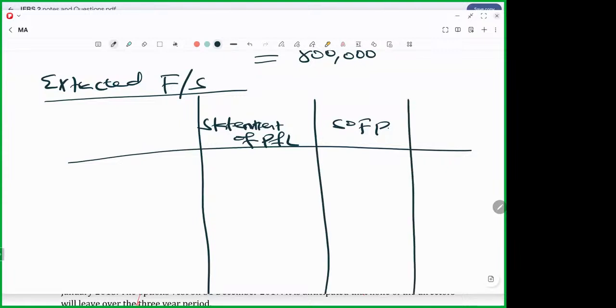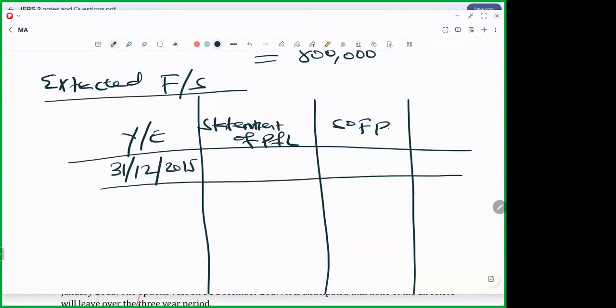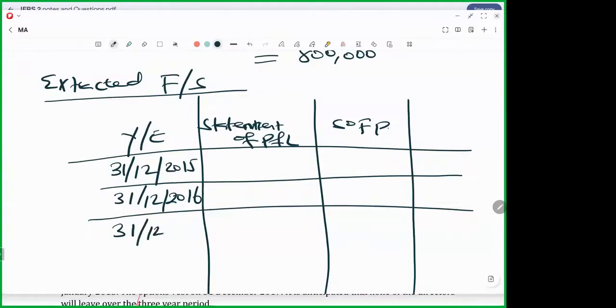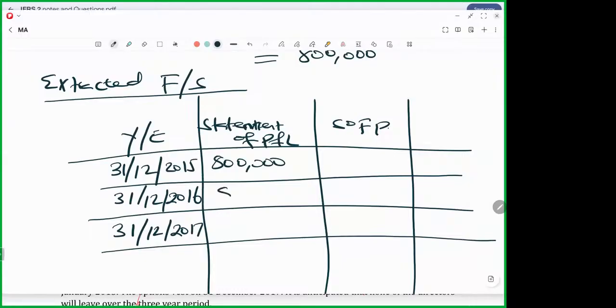We have here the year ended 31st December 2015, then 31st December 2016, then 31st December 2017. The annual expense is what you're going to book here, 800,000 per year.